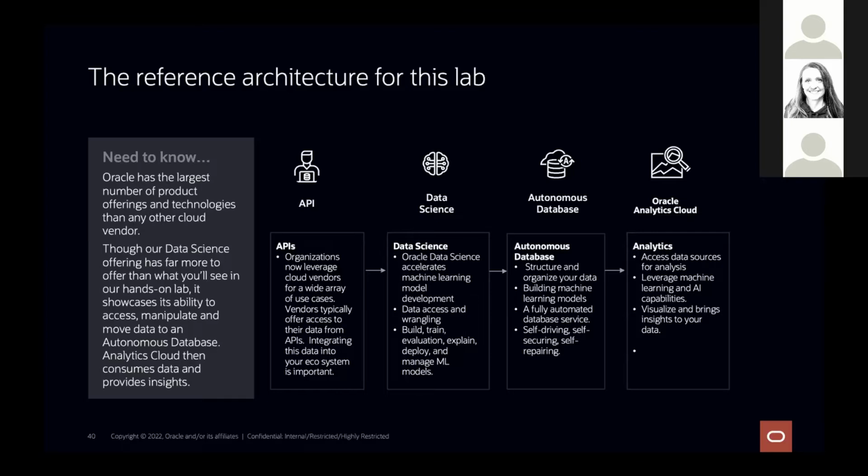Now, from the data science notebooks, we're going to pull data from the API and put it into the autonomous database. Oracle's autonomous database is based on the very long-standing, industry-leading Oracle database, but the autonomous part makes it easy to manage.